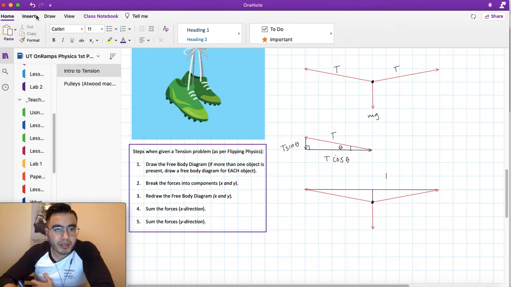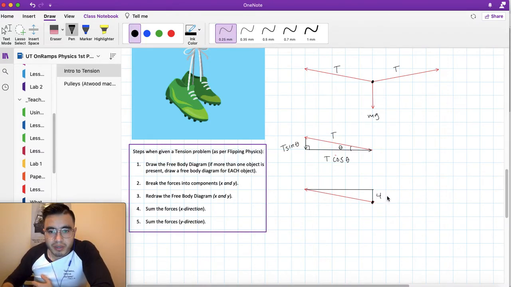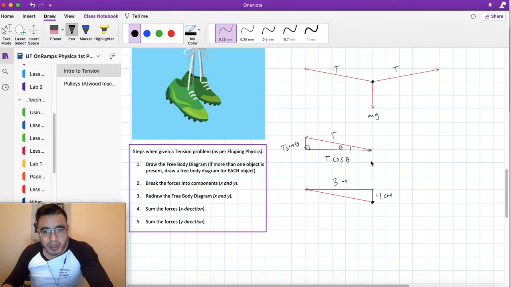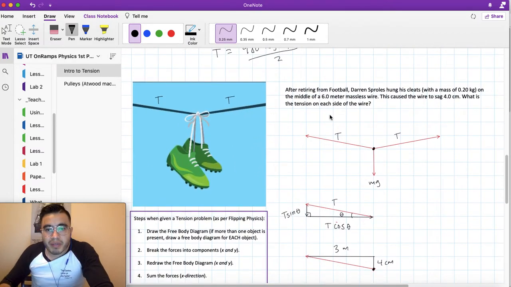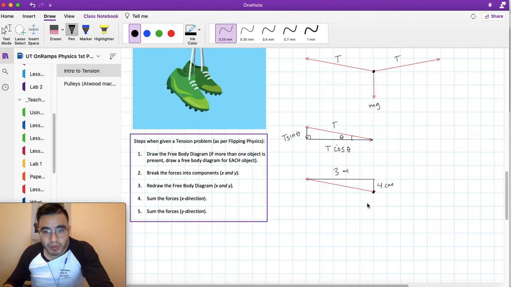You'll see why in just a moment. So there you go. Very good. And this side is 4 centimeters. And this side is 3 meters. Why is it 3? Because the length of the entire wire is 6 meters, so half of it would be 3 meters. So that's important for us to notice.